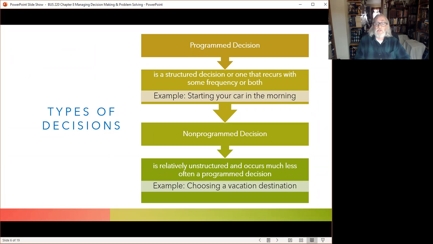A non-programmed decision is not as structured, it's not set in stone. It's a decision about something that doesn't happen very often or maybe only occasionally once in a while. So you don't have a quick and easy response already set. And so an example in the business world of doing that would be, when do we launch a new feature on a product? Well, when we think conditions are right. And what will we be doing then?